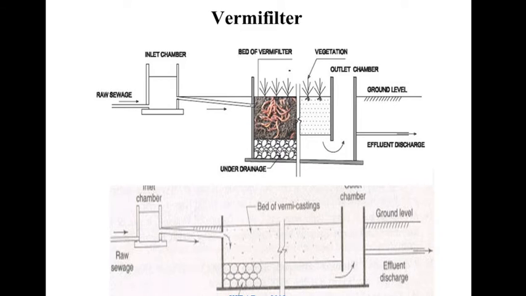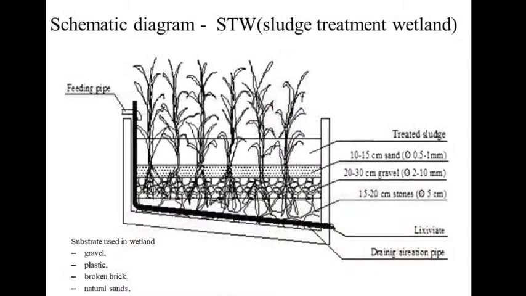The effluent can be discharged from the right side. So this is the structure of the vermifilter, which consists of the drainage system, then gravel, then sand, then soil and earthworms with the wetland plants.